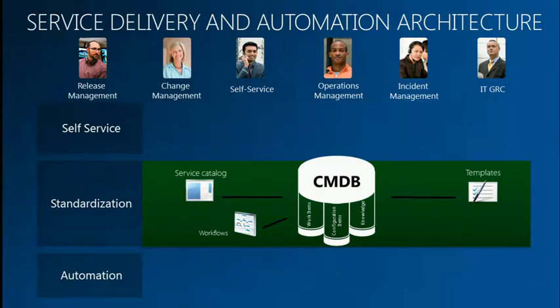CMDB is a term that came out of the IT Infrastructure Library, or ITIL framework, that essentially is a database or a data repository that has two unique things about it that differentiate it from a simple asset register. One, it contains the information about your configuration items, or your pieces of infrastructure in your environment.